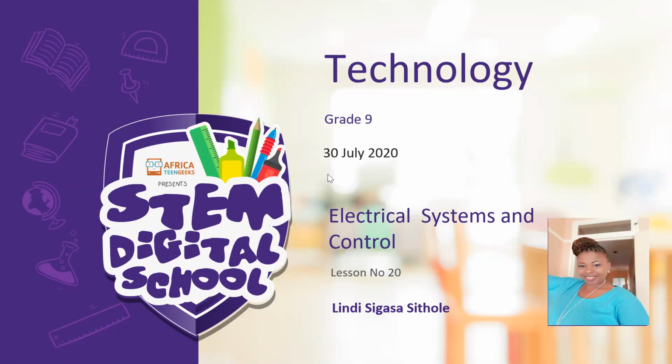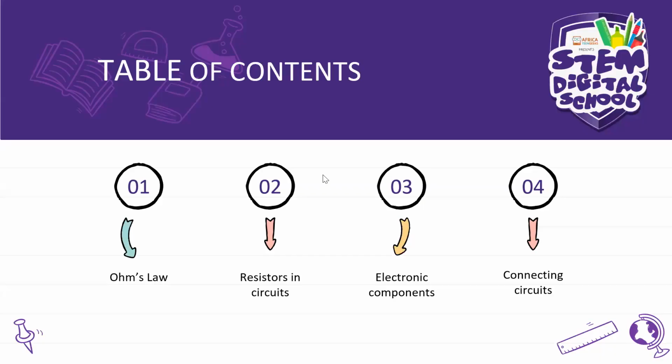Okay, we've been doing circuits and we have been looking at circuit diagrams. Today we are going to continue with circuits. I want you to remember that the most important thing this term in our electrical systems and control is sensors. It is actually the electronics that we will be concentrating more on.